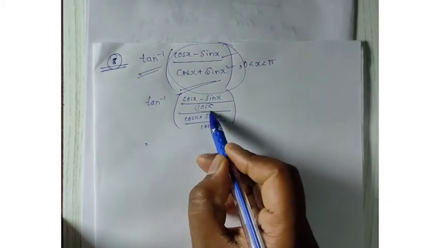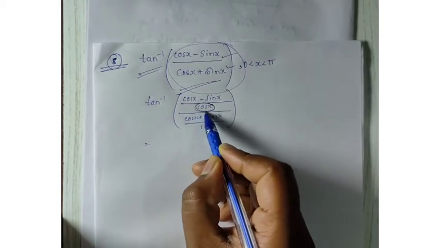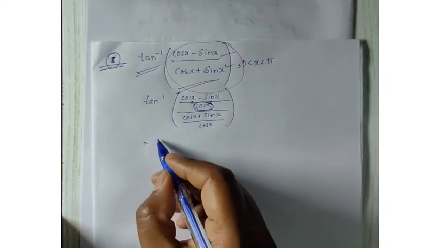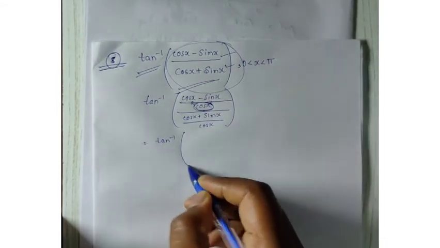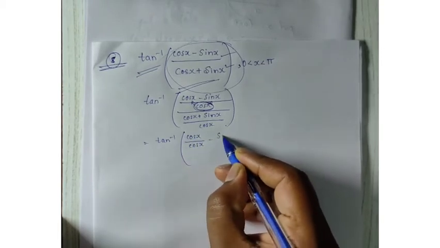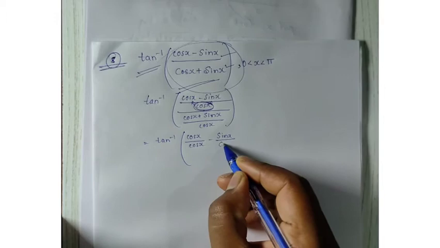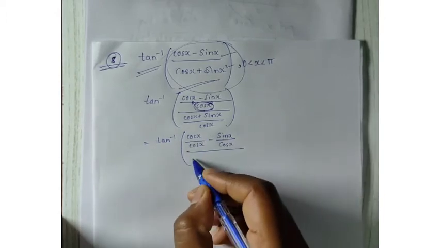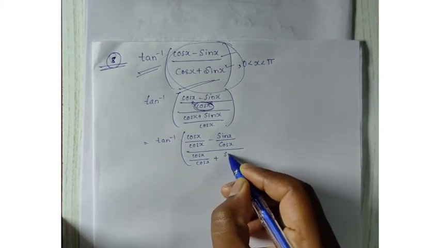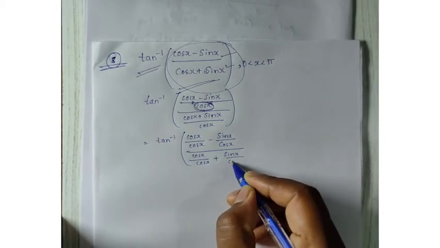This cos x which is there in the denominator will be split out to both the terms, right? So therefore, tan inverse of (cos x by cos x minus sin x by cos x) divided by (cos x by cos x plus sin x by cos x).